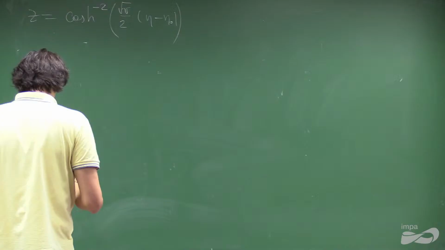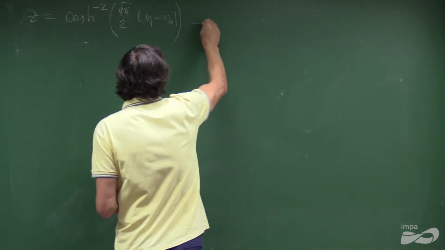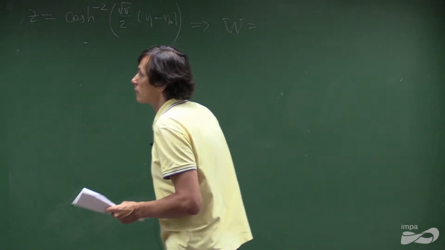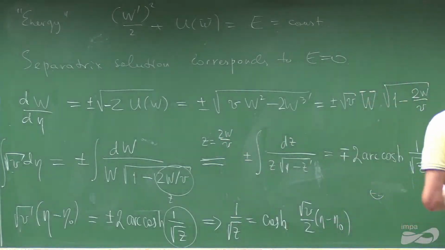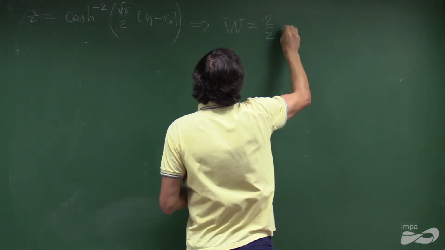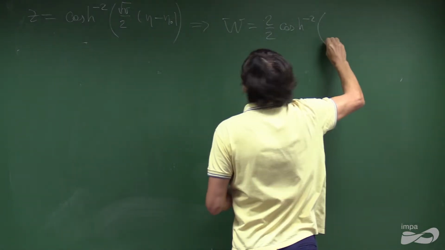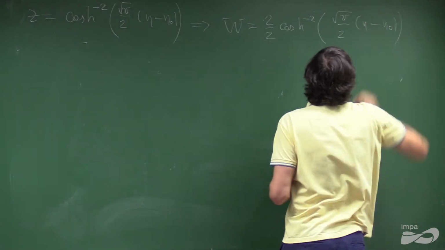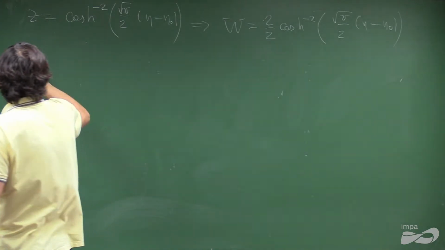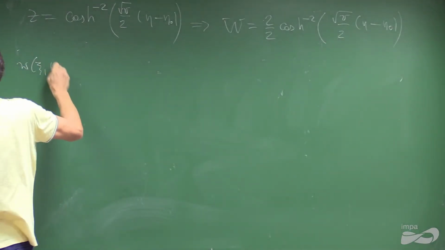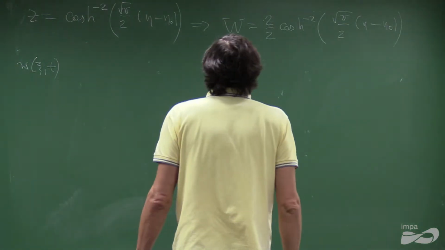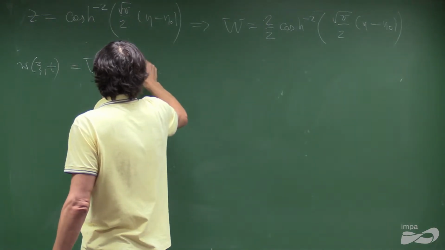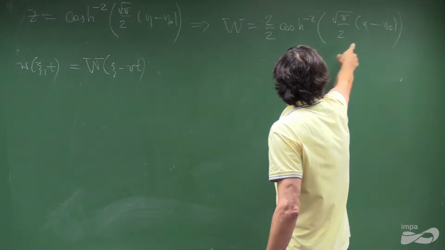So we find that W, the difference is just v divided by 2 of this whole expression. And then remember what our solution was: it was W taken at psi minus vt. So we put it there.